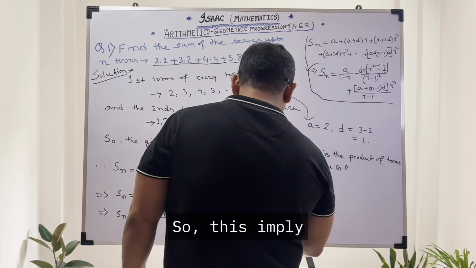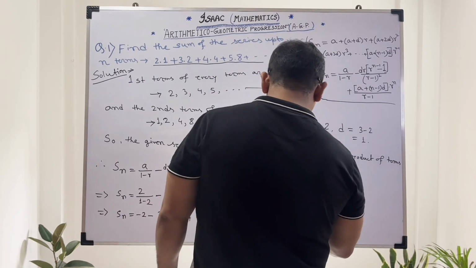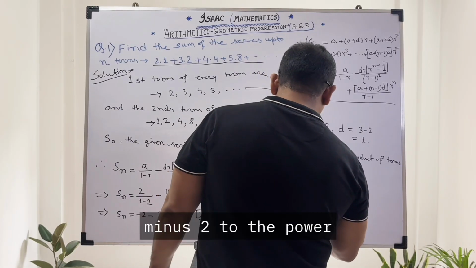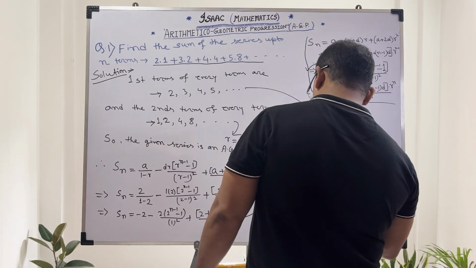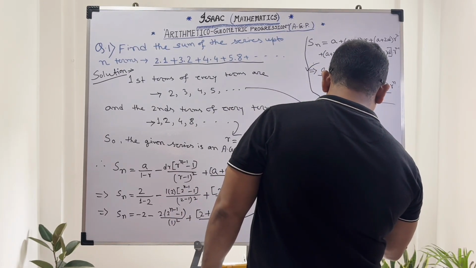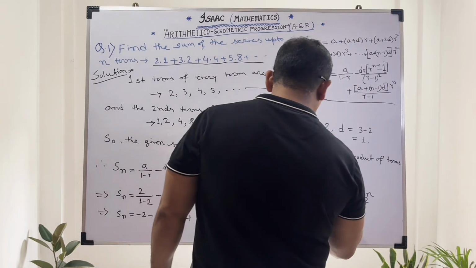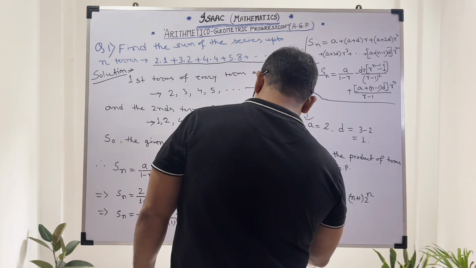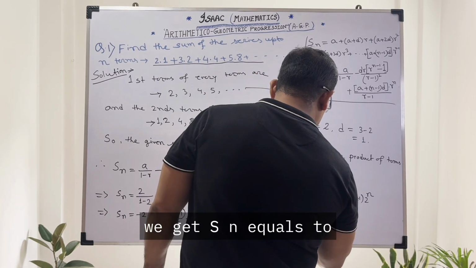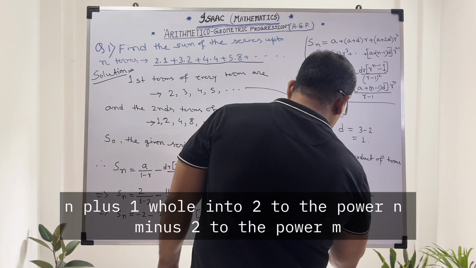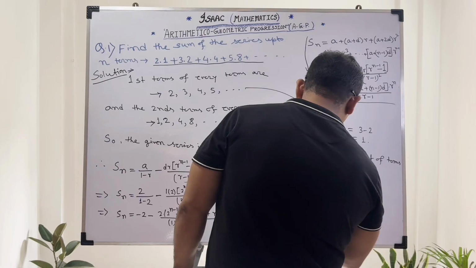So this implies Sn equals minus 2 to the power n plus 2 plus n plus 1 whole into 2 to the power n, cancelling plus 2 minus 2, we get Sn equals n plus 1 whole into 2 to the power n minus 2 to the power n.